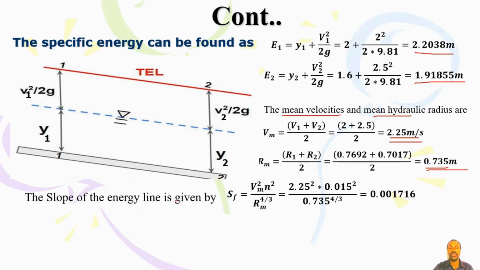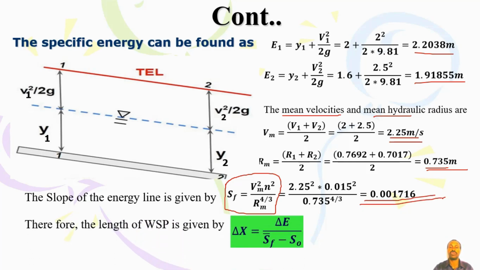Then the slope of the energy line is given using the Manning equation. If Manning roughness is given, you use mean velocity squared times n squared over mean R to the power of 4/3. So you get the slope of the energy line. Once you compute this, the length of the water surface profile is given by this equation.